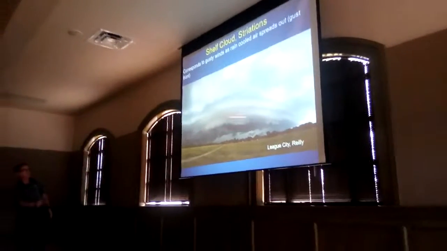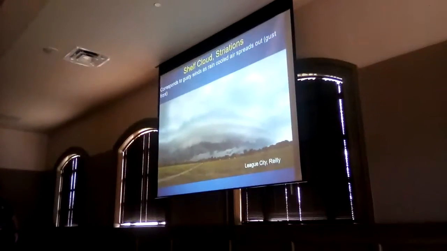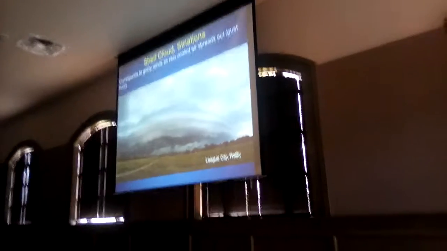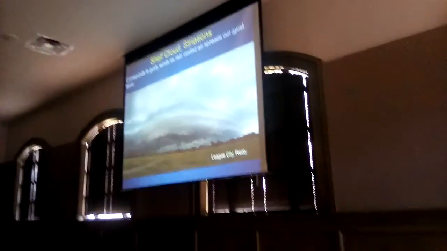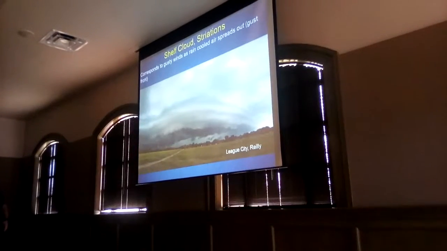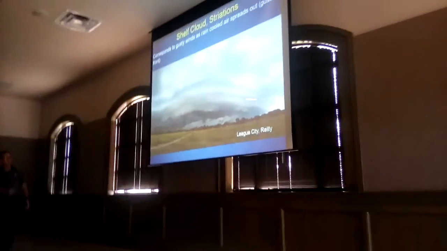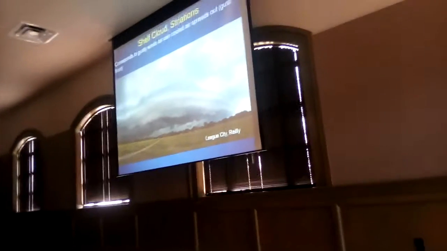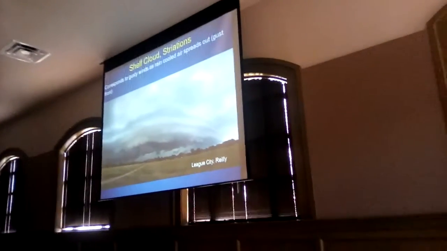You see this shelf cloud here. Look at these grooves or striations. Sometimes you'll see this as well. Now, what is this telling you? This is the leading edge of that strong outflow, some gusty winds, some rain-cooled air. It may or may not be severe, but that's what this cloud means. It's basically showing you where the outflow is.